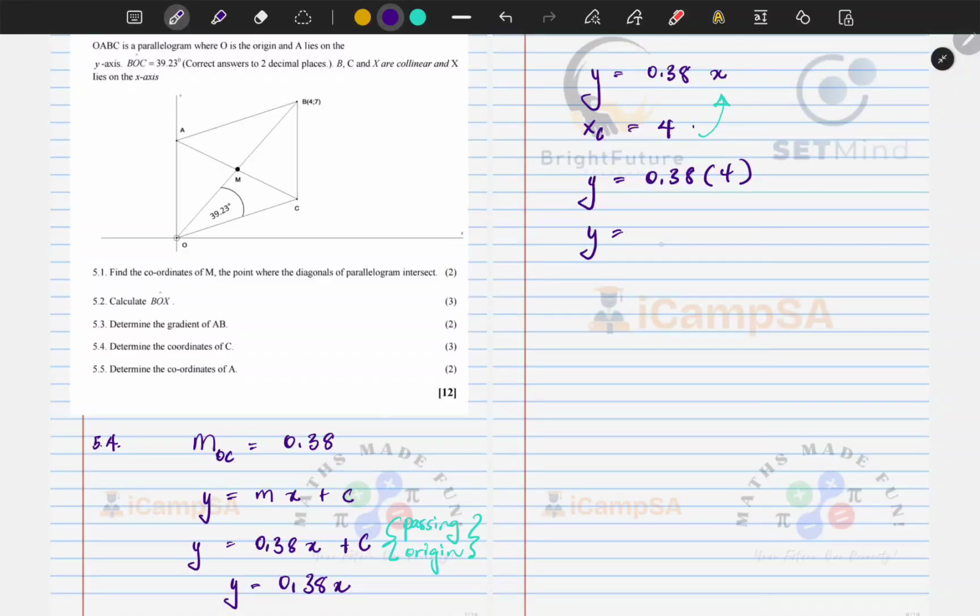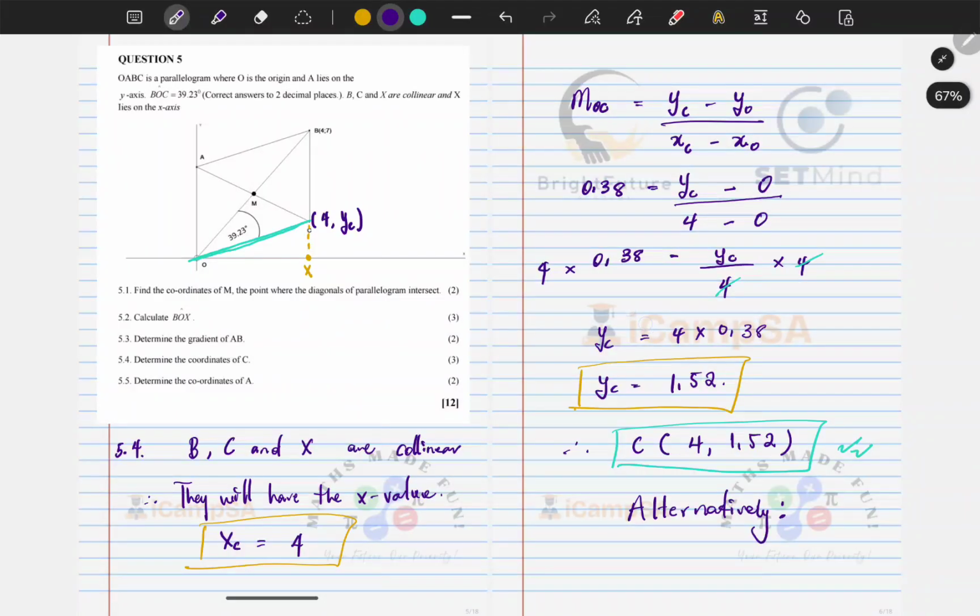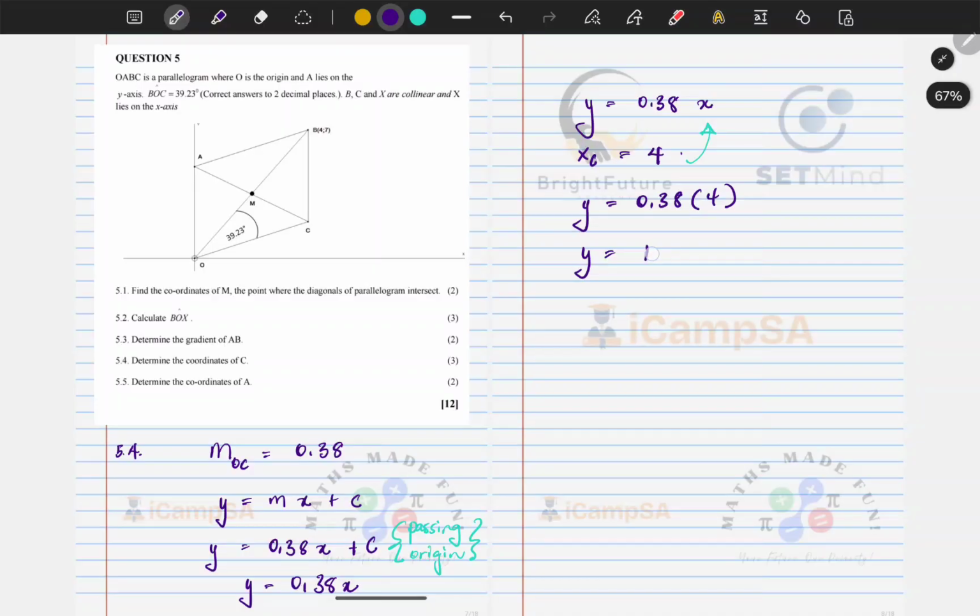So your y is going to be the same thing that we got here, which is 1.52, right? And then you can just write here that the coordinates of C are 4 and 1.52, right? So this is another way in which you could have solved this.